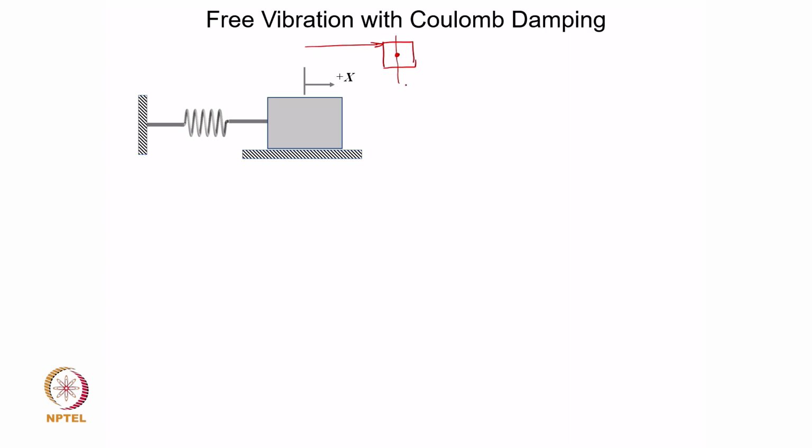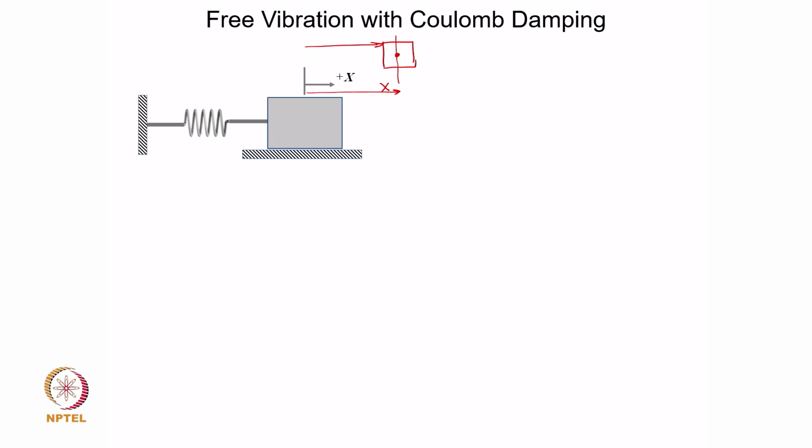Displacement is considered positive rightwards. So, obviously, as the mass is pulled to its extreme displaced position, which we will say is capital X here, and then as it gets released, the spring force coming into action because of the stretched condition of the spring tries to pull the mass towards its mean equilibrium position.